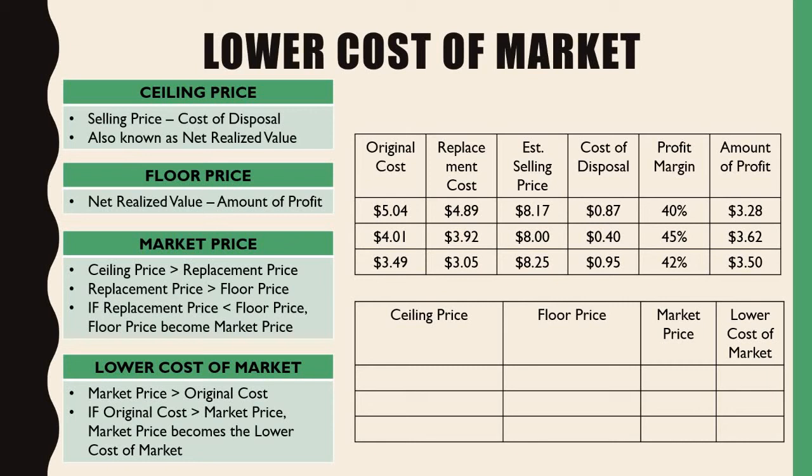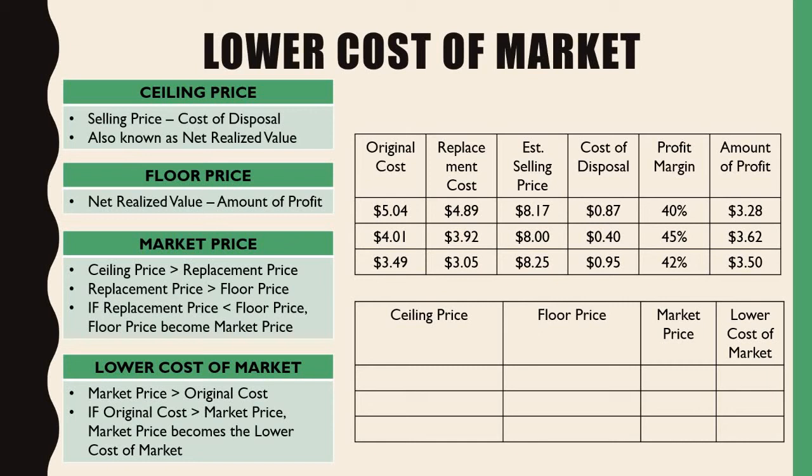So if you have 5, 6, and 7, we'll put it from highest to lowest, right? So you have 7, 6, and 5. Your middle price between the 5 and the 7 is going to be 6. Okay, so that's going to determine your market price.